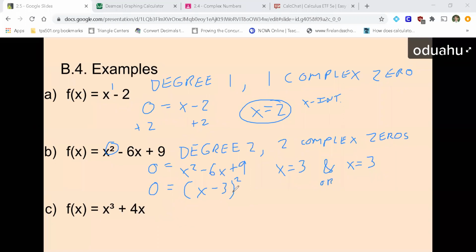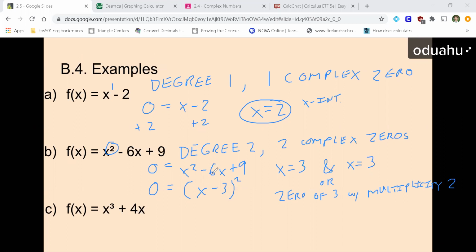Or you can say that it has a zero of 3 with multiplicity 2. Right?